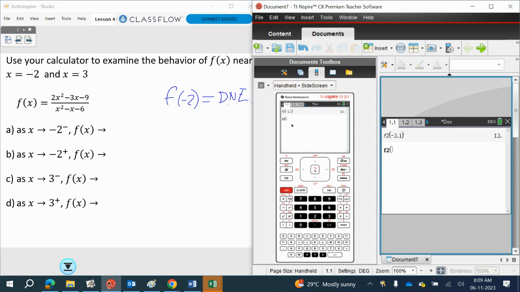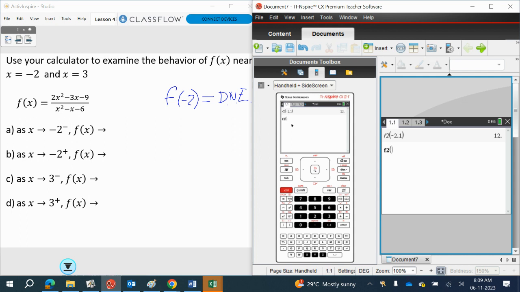Let's see what happens to the y value as I get closer and closer to -2. If I want to put in something closer to -2 than this value, what would I put in? -2.09? I can take a bigger step.